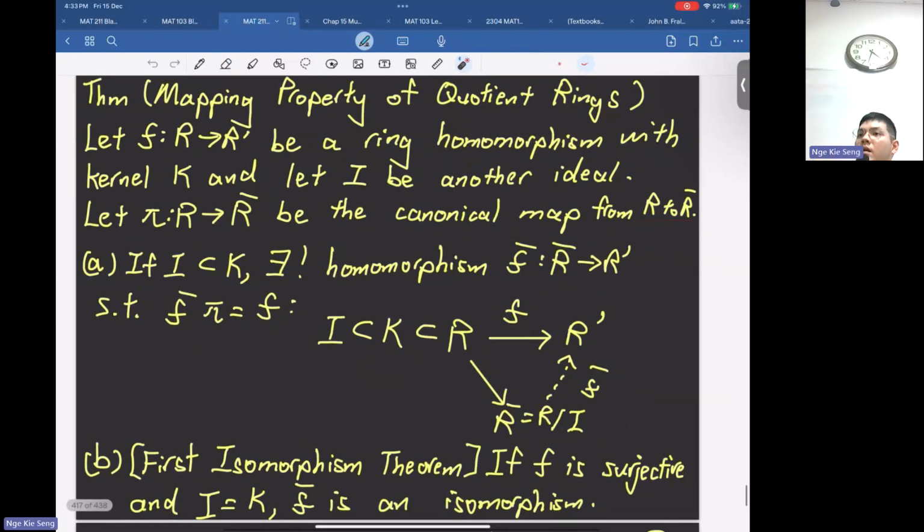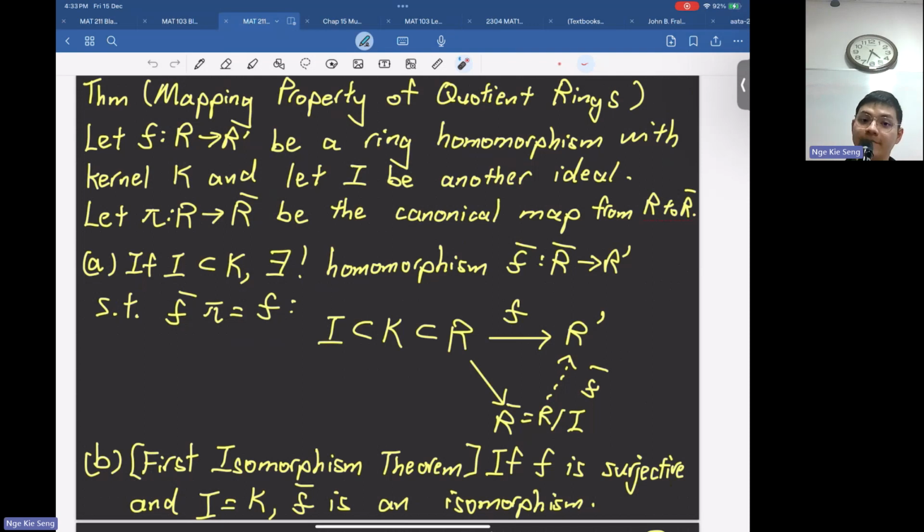What is the name of A plus I? In groups we call that a coset. Then what do you call it here? Also coset. Let me check. Yes, we call it an additive coset, because in a ring there's no coset in the multiplicative sense; multiplication might not be a group.